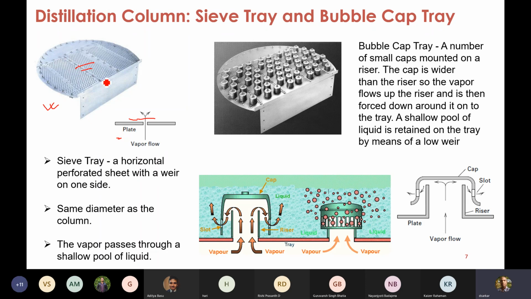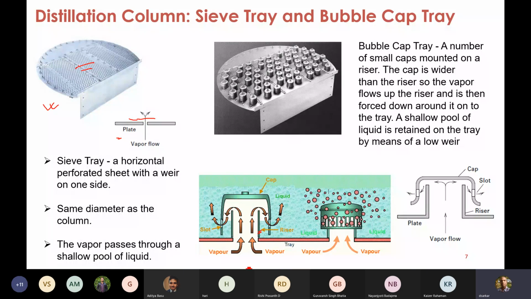Now, there is another very popular tray known as the bubble cap tray, which is more efficient in terms of exchanging mass between the vapor phase and the liquid phase. A number of small caps, the bubble caps, are mounted on a riser. These are the risers.